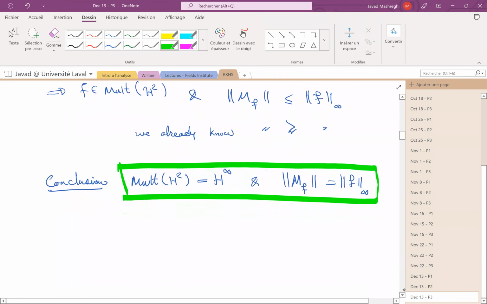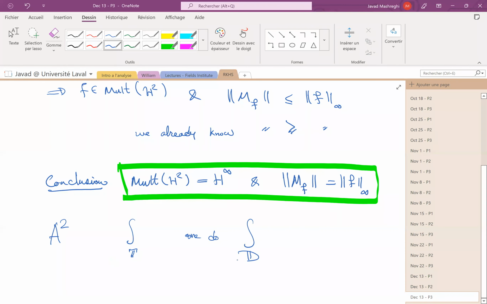And I invite you to do the same type of calculation in the space A2, the Bergman space. The only difference is that instead of doing an integral over t, we do an integral over D. It's a two-dimensional integral, but the rest is the same.